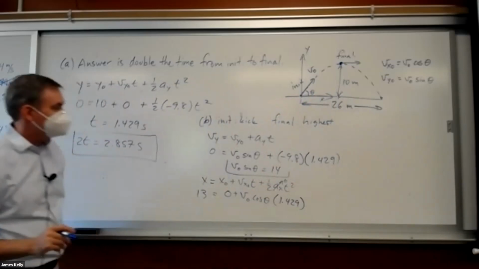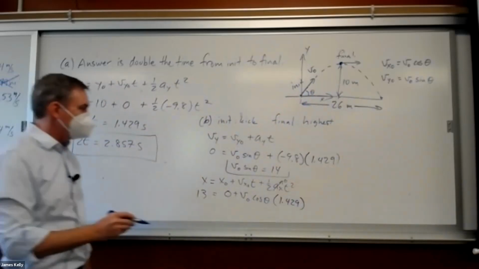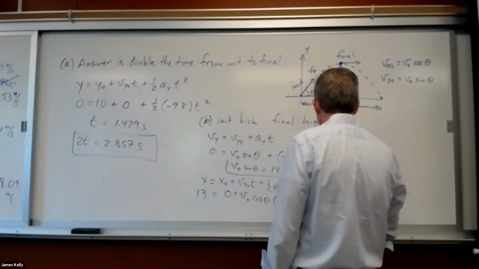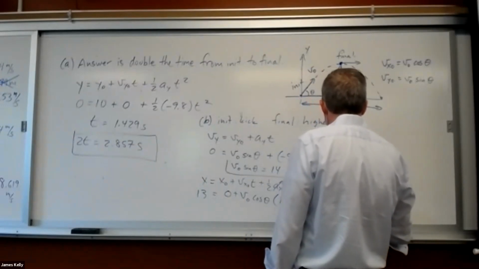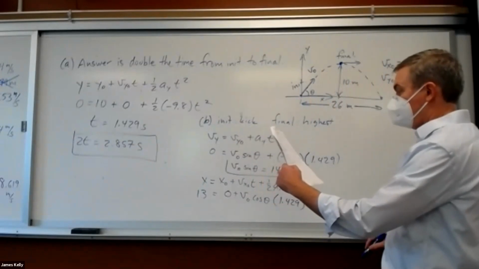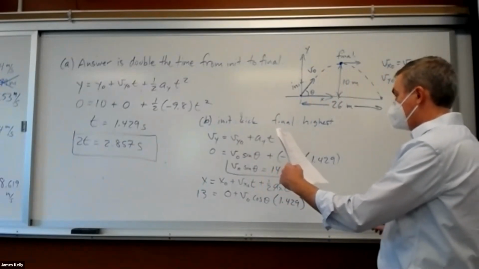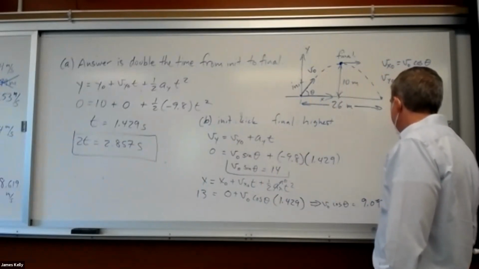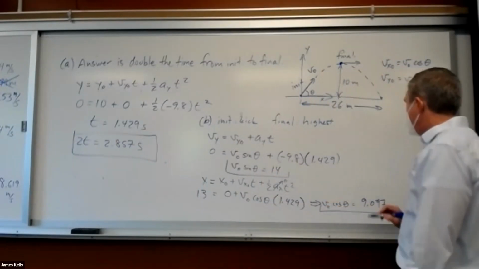And the last term is 0. Okay, that allows me to solve for V0 cosine of theta. And what is that number? 9.097. Okay, let me put a box under those.